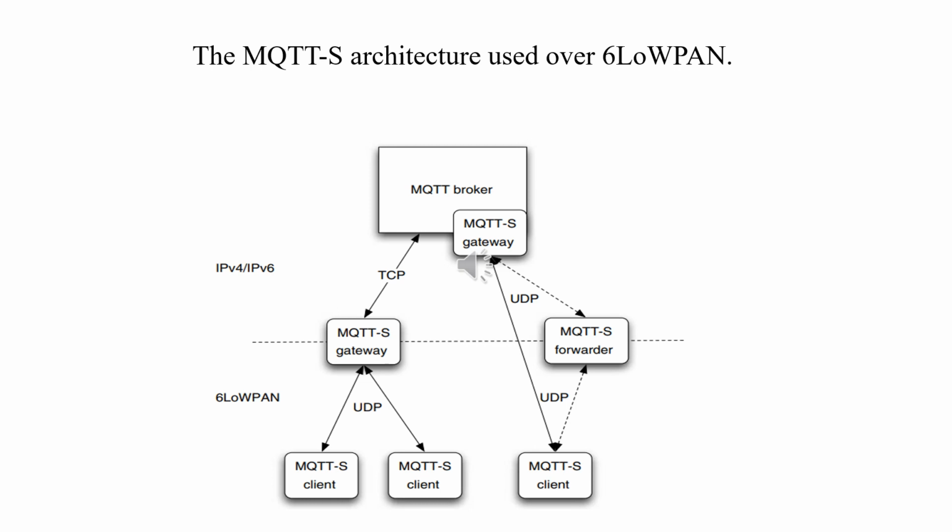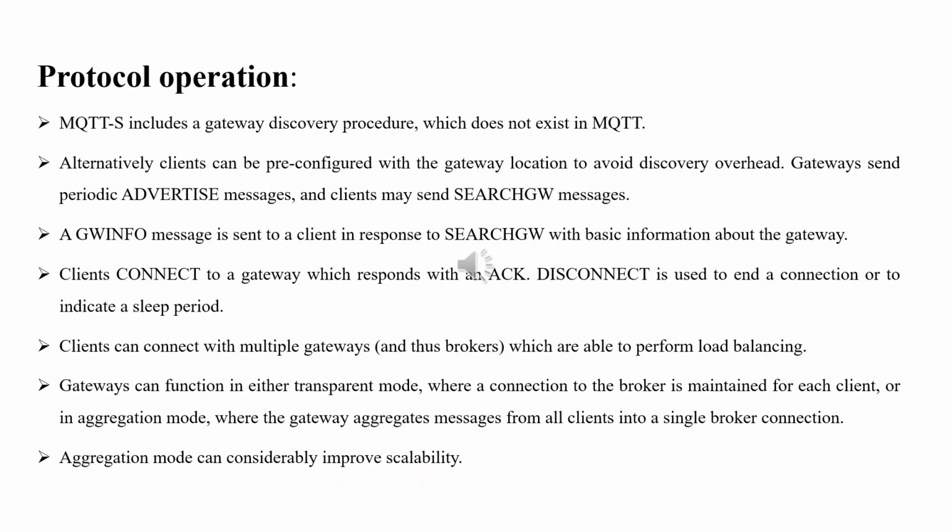Gateways translate between MQTT-S and MQTT. In case a gateway is not directly available, forwarders are used to forward messages between clients and brokers. Forwarders may not be needed with 6LoWPAN as UDP datagrams can be sent directly to a gateway.